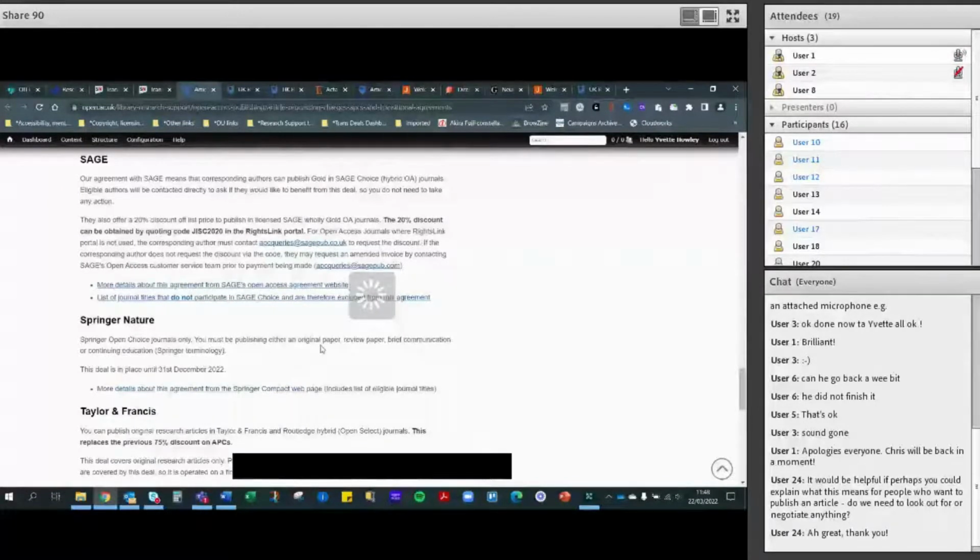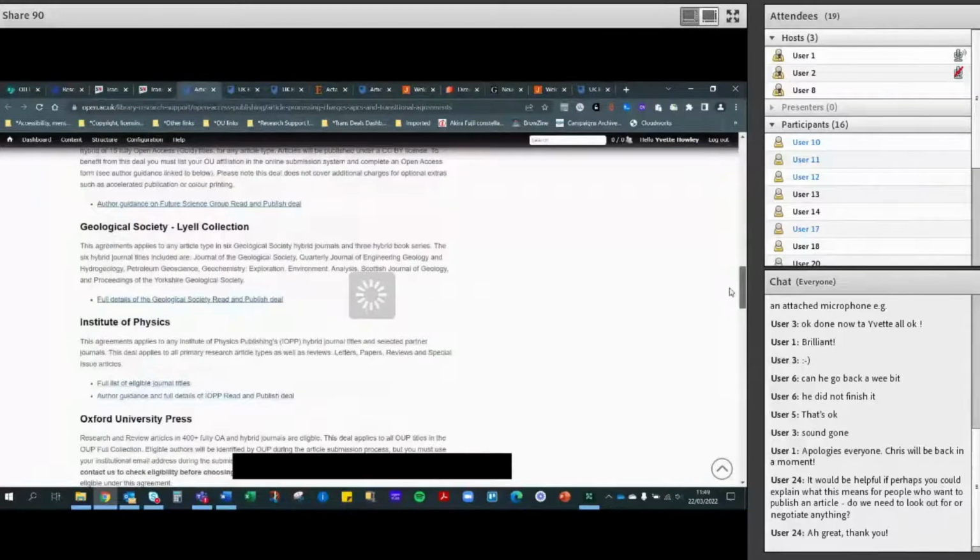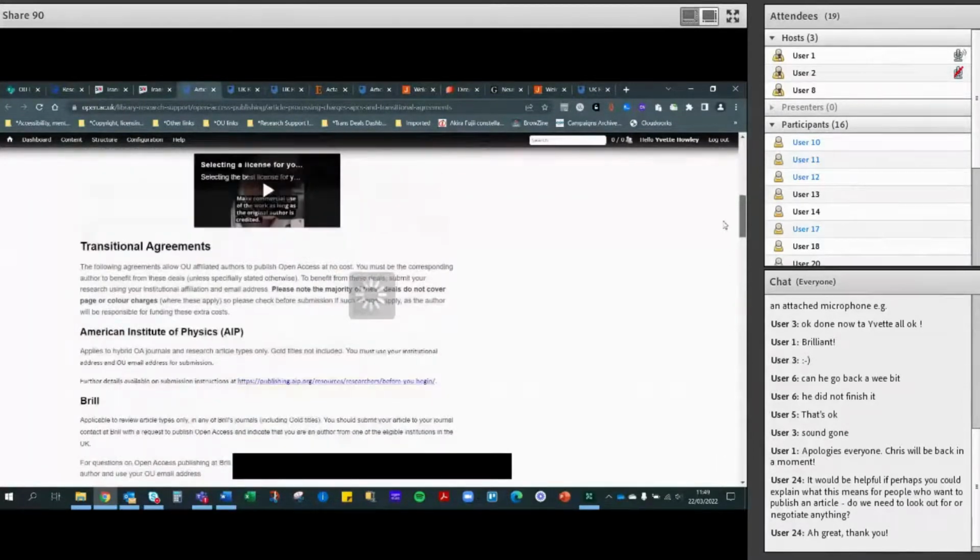And that it must be an original paper, review paper, brief communication, or a continuing education piece. So not all of the types of articles are covered, so you would need to check this as well. You can also see some general information further up the page telling you that you must be the corresponding author to benefit from a deal.